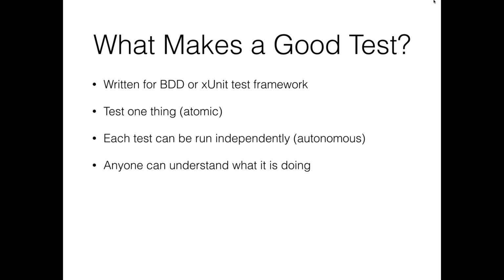And then you want to make sure that anyone, including yourself, 6 months from now, can understand what a test is doing. And this goes back to just understandability, which leads to things like helpful names and those kinds of things, and also just not being clever.